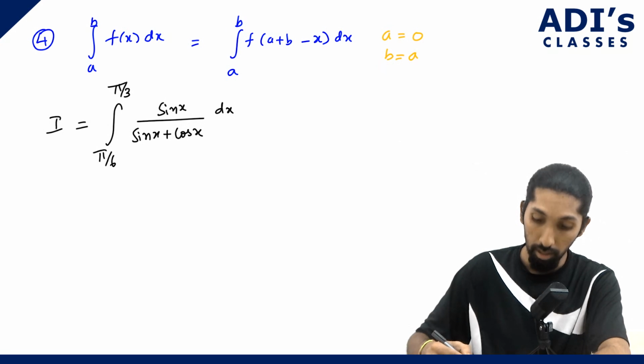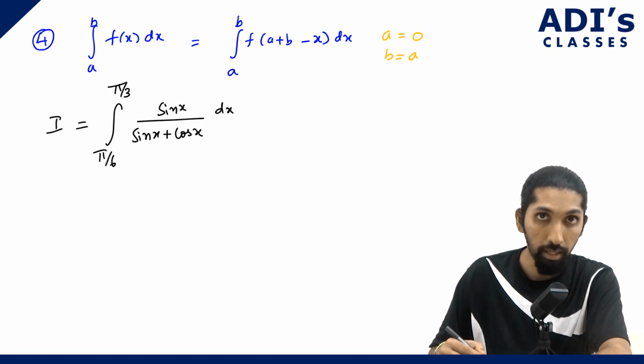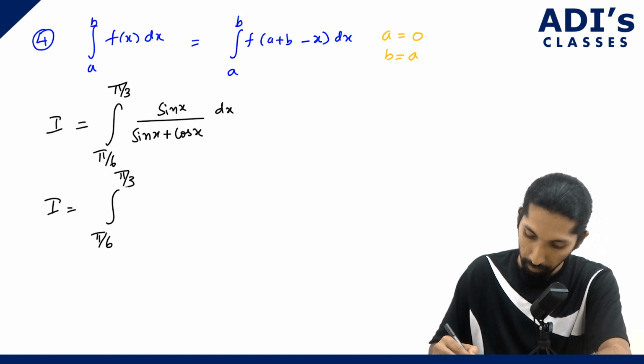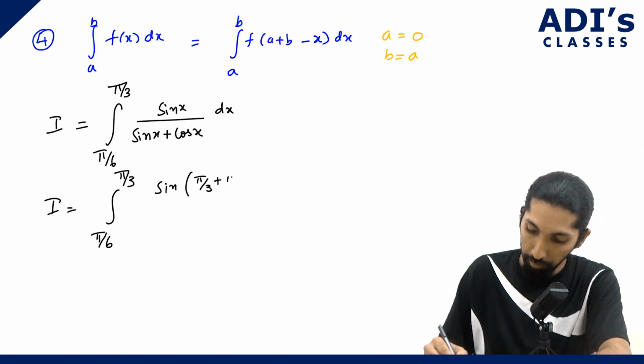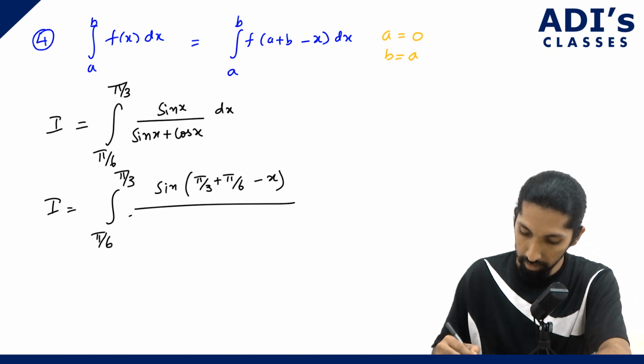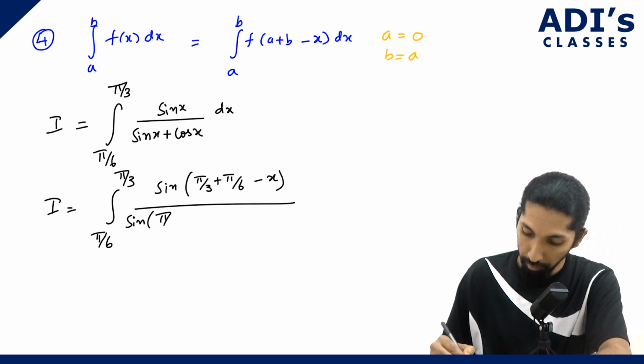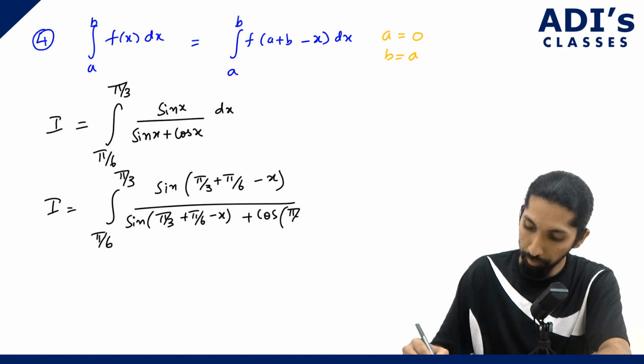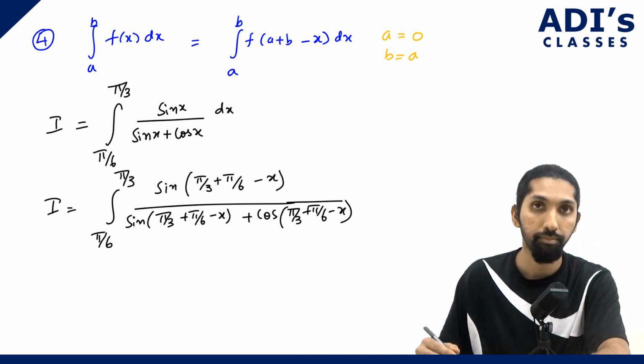If we apply that, then I is equal to the integral from pi by 6 to pi by 3 of sin of (pi by 3 plus pi by 6 minus x) divided by sin of (pi by 3 plus pi by 6 minus x) plus cos of (pi by 3 plus pi by 6 minus x), correct?